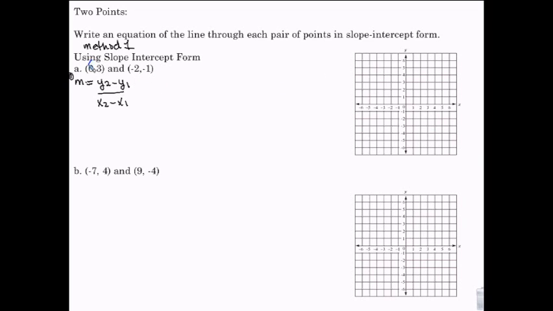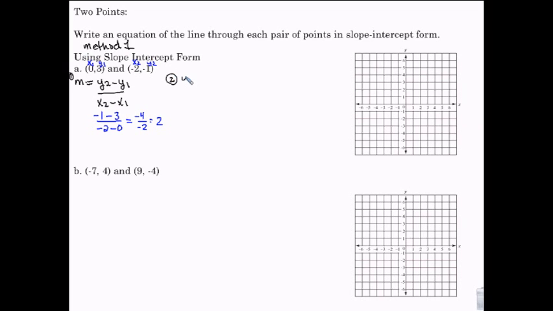I'm going to plug in, I have x1, y1, x2, y2. So I'll do negative 1 minus 3 over negative 2 minus 0. So that's going to give me negative 4 over negative 2, which is 2.